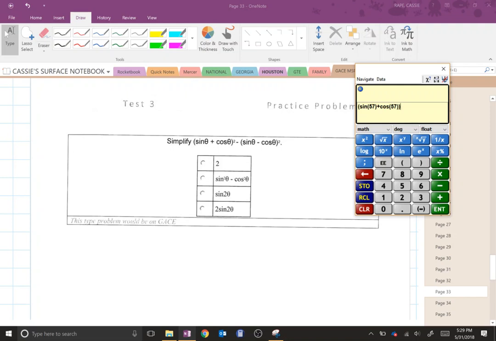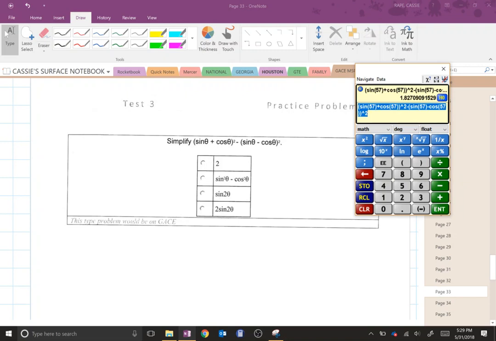So I'm going to get outside of that last parenthesis and then caret 2 for squared, minus, open a parenthesis, sine of 57, close the 57, minus the cosine of, open parenthesis, 57, close parenthesis, get outside of the whole thing and square it. Enter. Okay, so 1.8207 is that thing simplified.